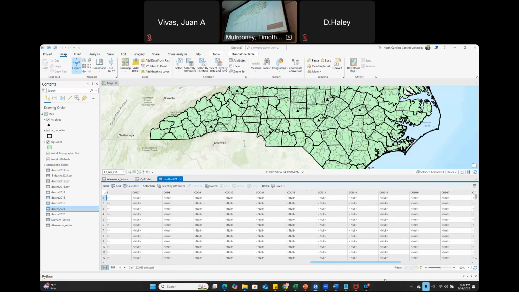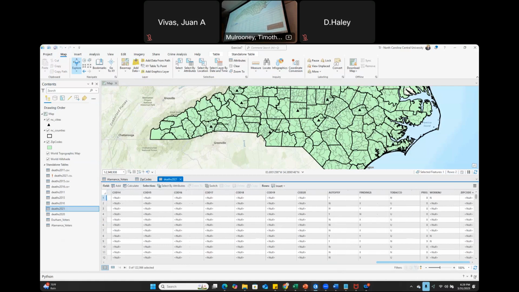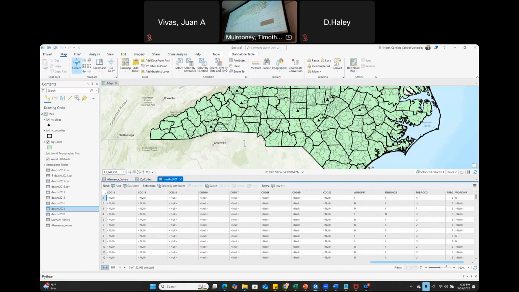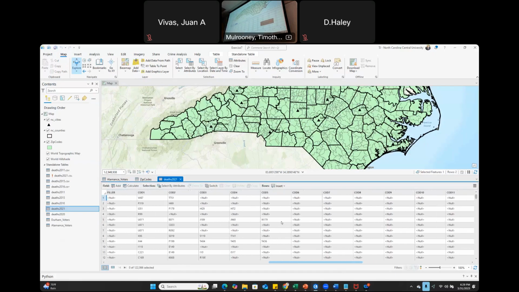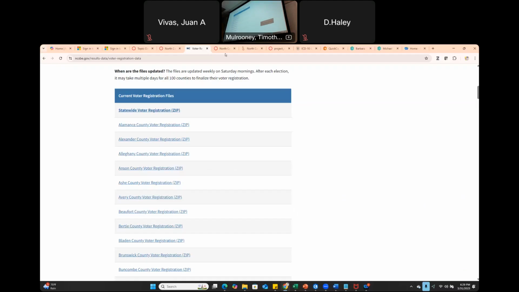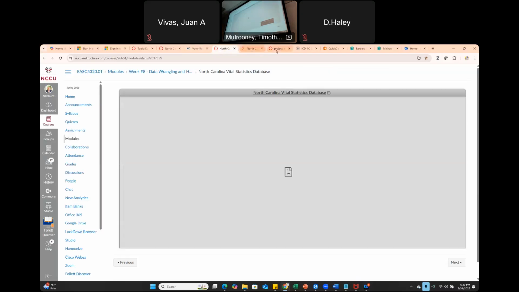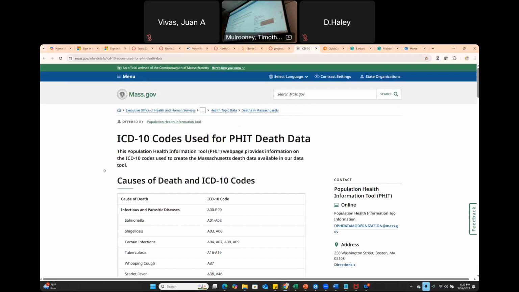Now, we don't know where he lived because all the way to the right, we have a zip code. And you can see here, we have a null zip code. But this poor kid died of W67. And I can just Google this real quick.